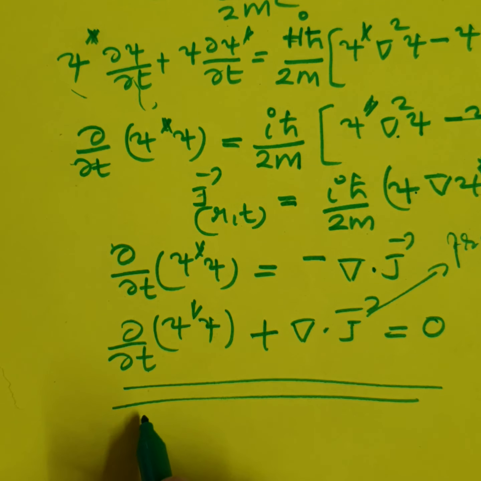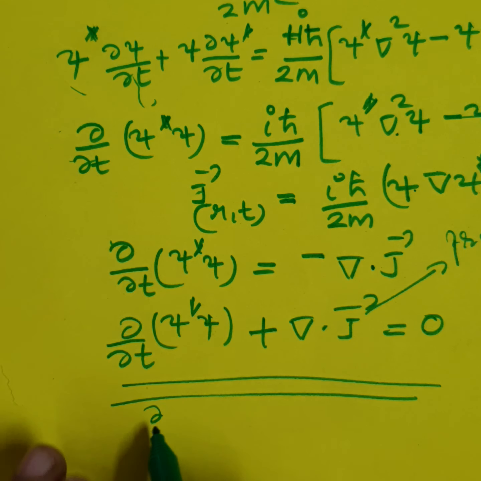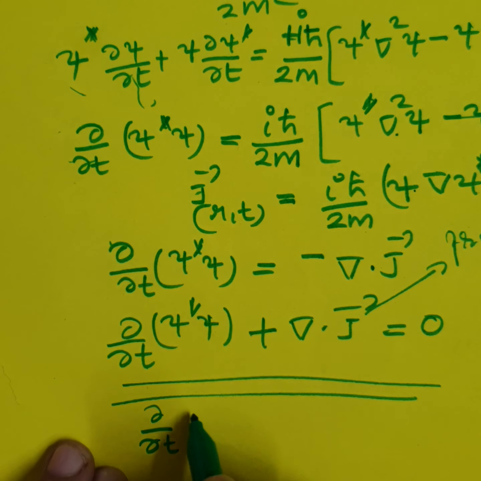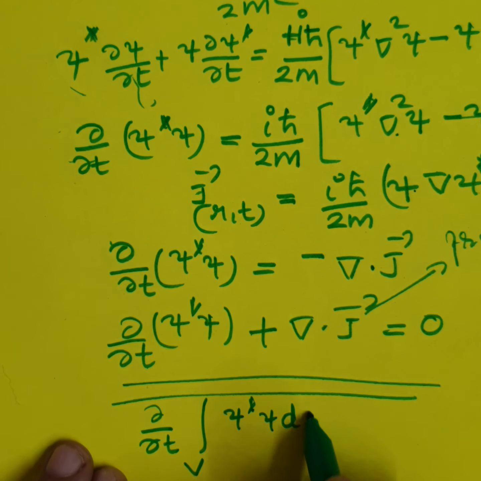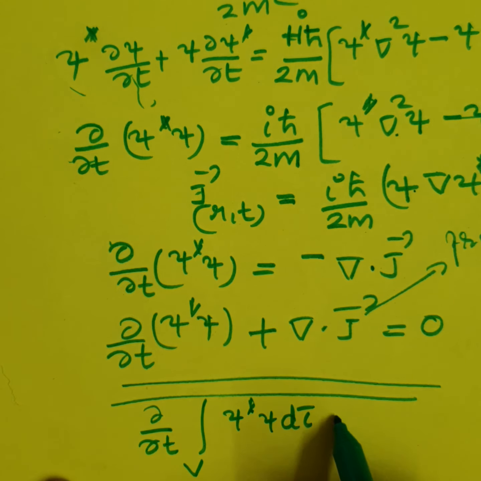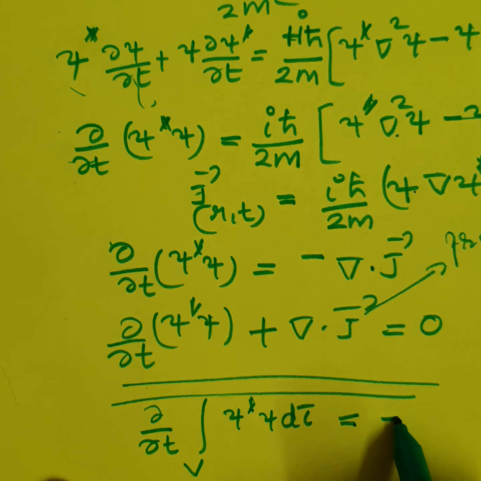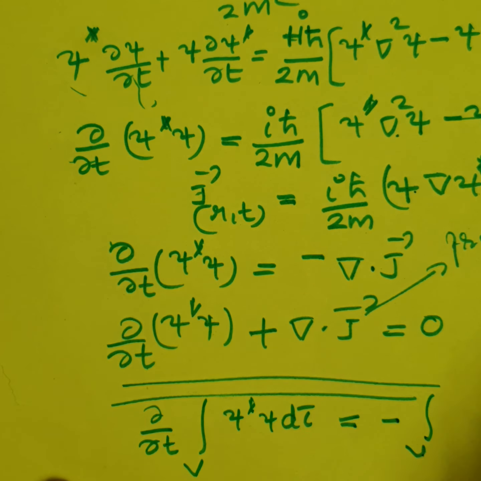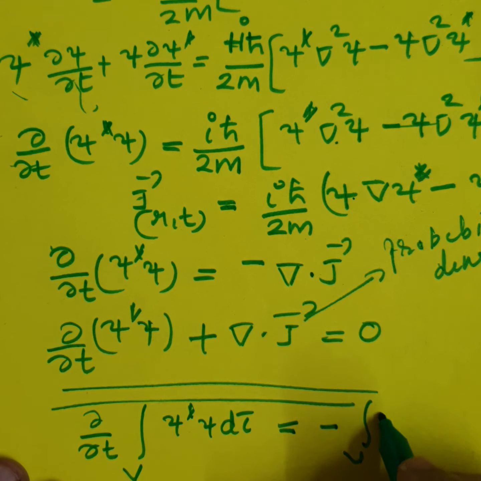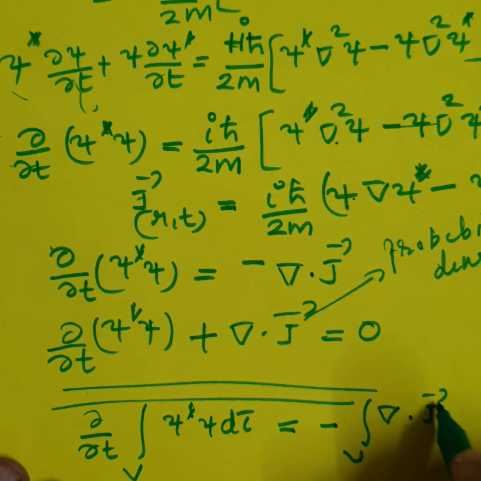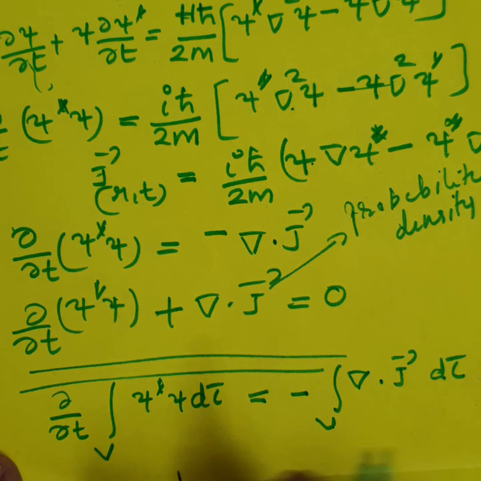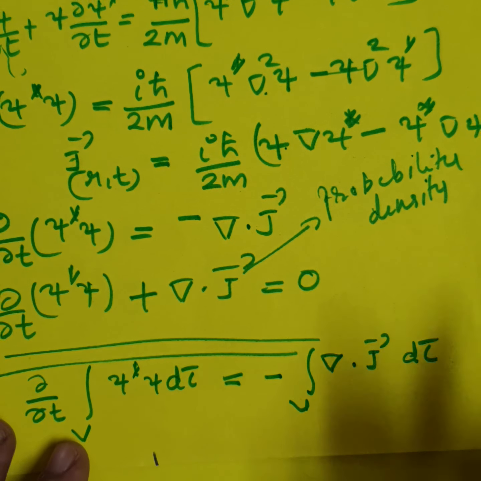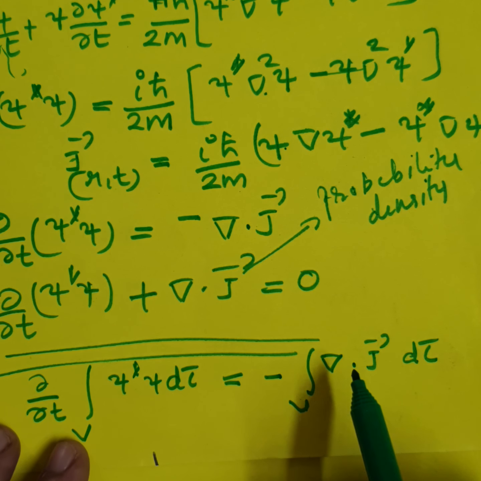So we can rearrange this equation again. We are integrating this over a volume, then we will get ∂/∂t over a volume of psi star psi dτ is equal to minus the volume integral of ∇ dot j dτ.